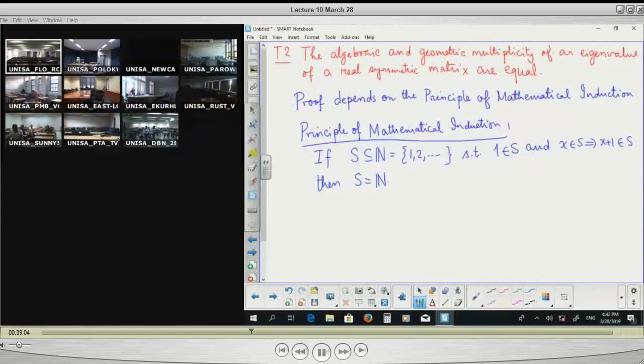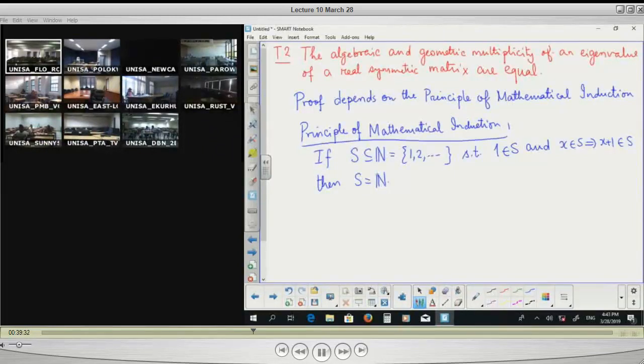So what do you do? You make this set of all natural numbers n for which, if you take a real symmetric matrix of size n by n, its algebraic and geometric multiplicities are the same. Okay? You take this set.